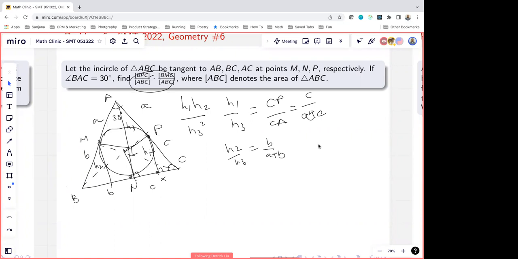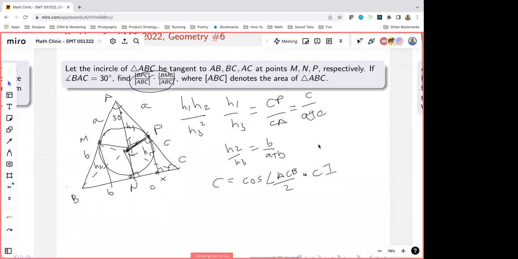And now we simply have to find what C over A plus C is and what B over A plus B is. So if we look at triangle PIC, we notice that C is equal to the cosine of angle ACB over 2 times CI, from this right triangle here.